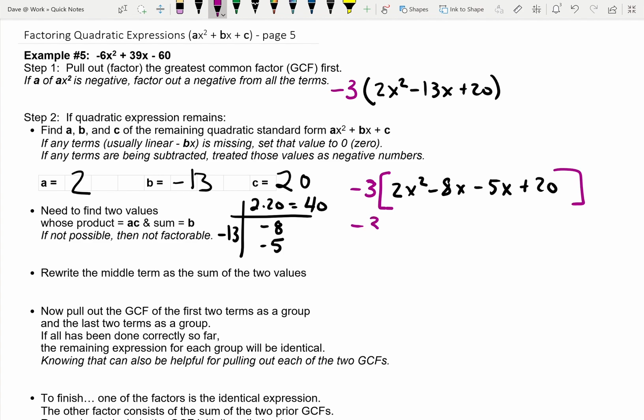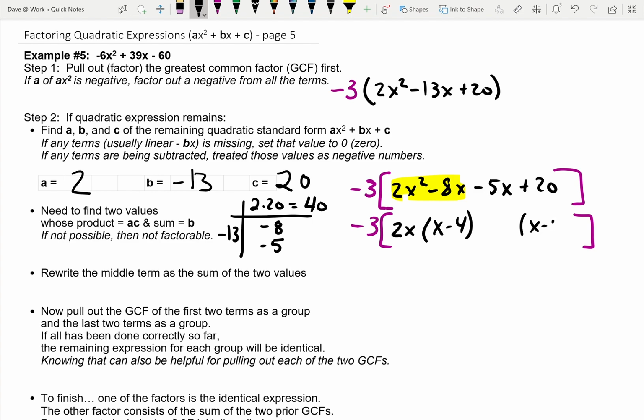Once again, negative 3 is always part of the problem, but if I'm going to now follow the greatest common factor of those two pieces, I will realize that I can pull out a 2x. This will leave me with an x minus 4.